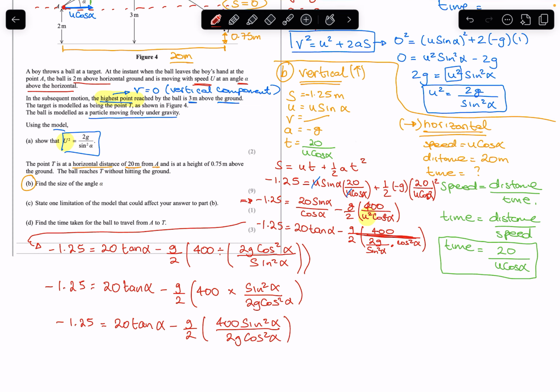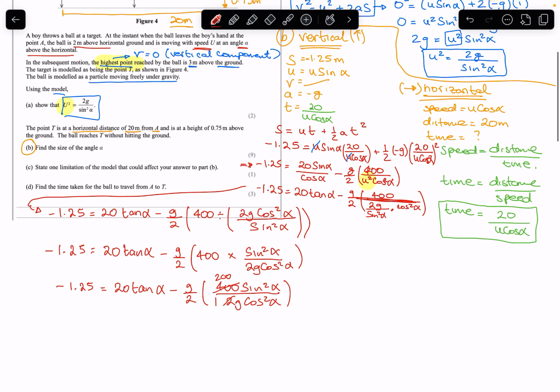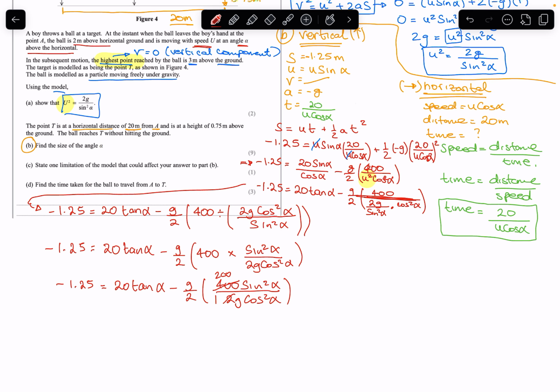So in this case here, what we can do is cancel out the 400, so that becomes 200 over 1. 2 simplifies out, and if I take it one step further in one go, the 2 and the 200 can cancel out further, that gives us 100. And the last thing that we can cancel out is the g with that g.